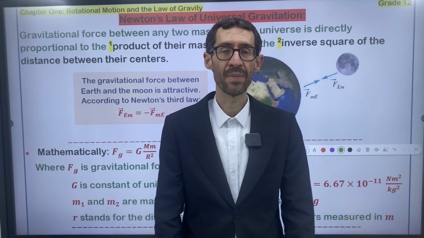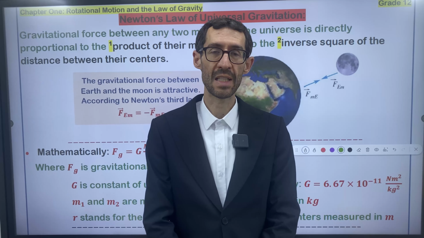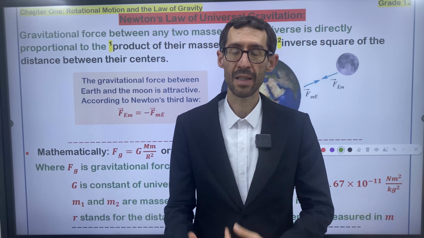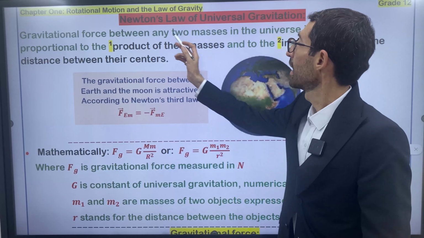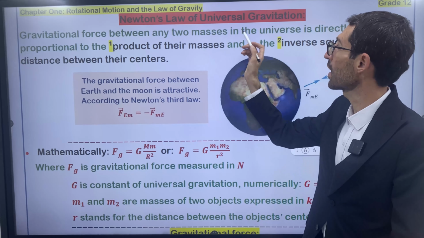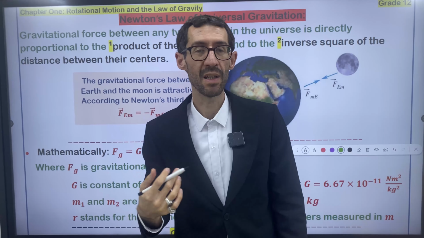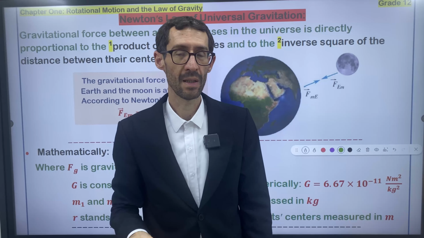Right now, this subject is the last subject of this chapter, and the subject is Newton's law of universal gravitation. Newton's law of universal gravitation is one of Newton's laws.